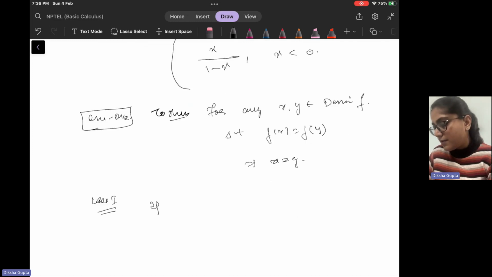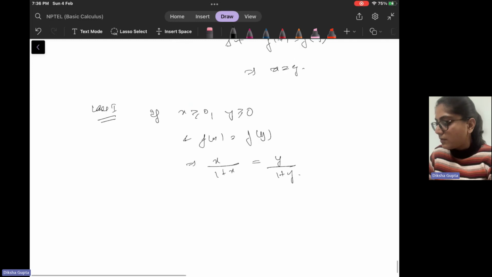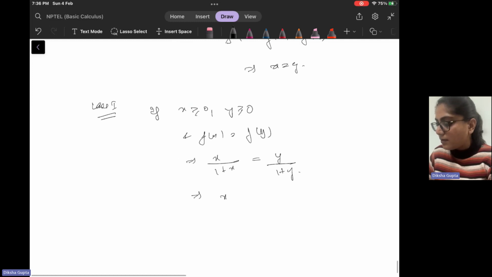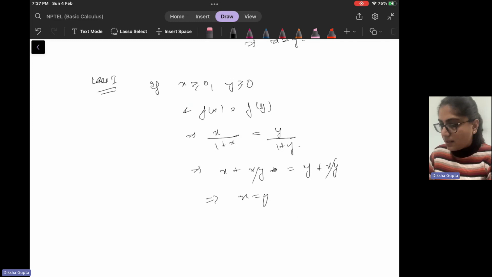If x is positive, y is positive, and f(x) equals f(y), it implies x/(1+x) = y/(1+y). Just put the value of f(x) and f(y), cross multiplying: x + xy = y + xy, which implies x equals y. So in this case, the function is taking different values at different points in the domain.